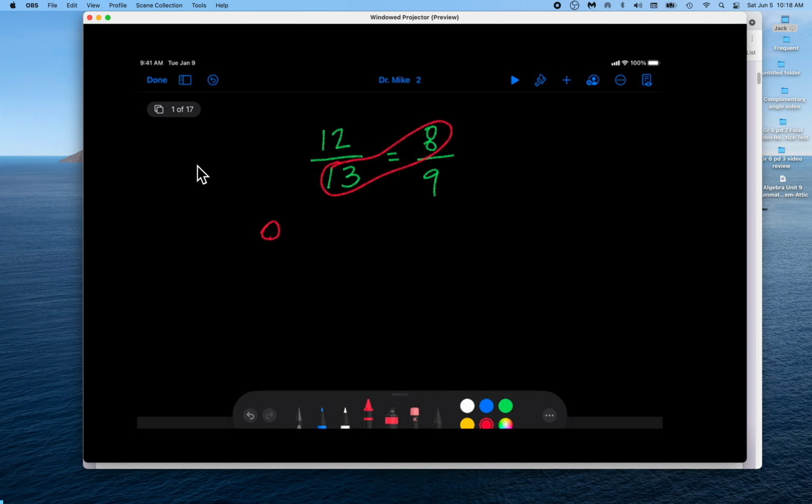So we would have 8 times 13 equals, but I'm going to put a question mark because the way this problem is worded, we're not sure at this point. And then we're going to multiply 9 times 12. And if these two multiplication problems are equal, then this is a proportional relationship.